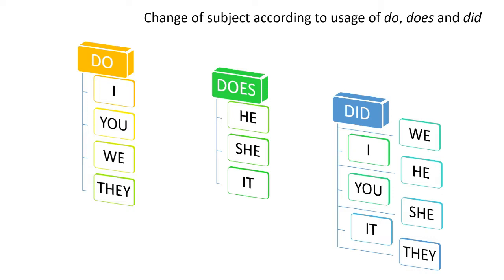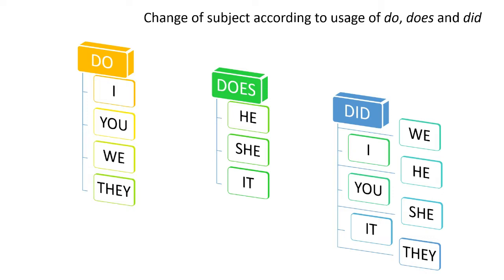We use do with singular and plural first person, I and we. We use do with second person singular and plural, you, and we use do with they, that is third person plural. Yes, hope you understood.